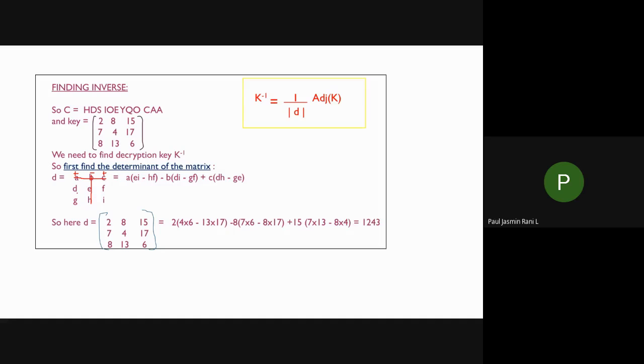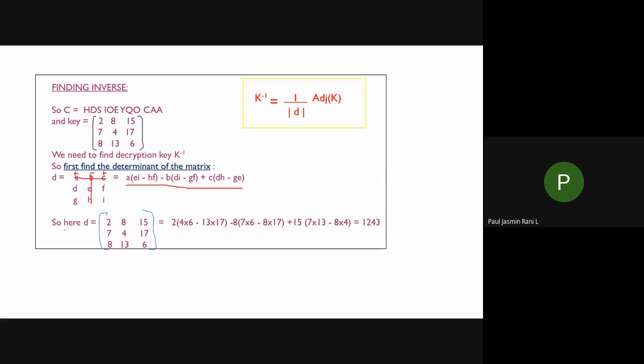After hiding, you multiply D into I minus G into F. And then plus C into (D H minus G E). Like this you find the determinant.